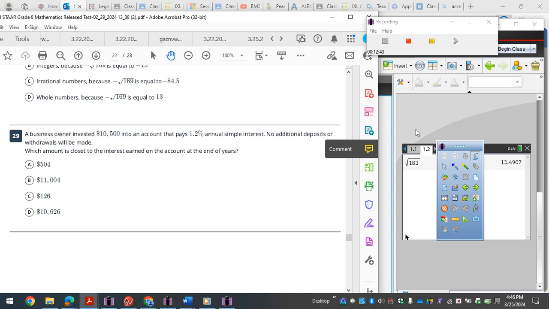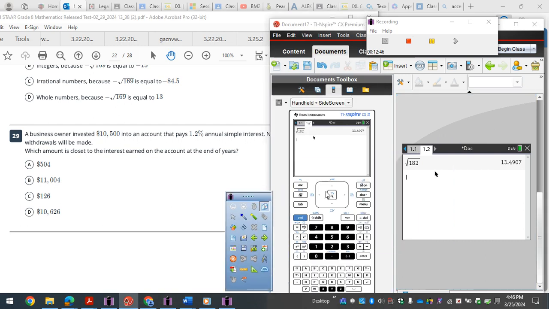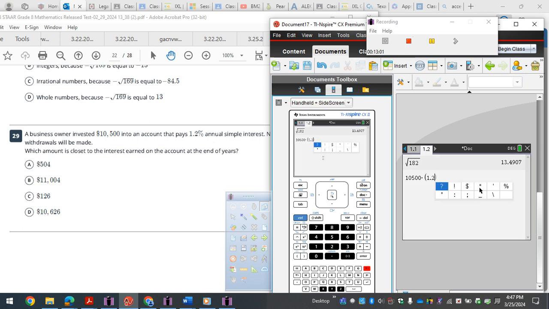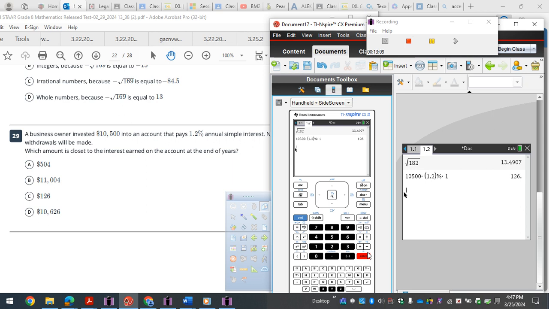And so what you can basically do is set it like this: 10,500 times your rate of 1.2% to the term of 1 gives you, and it says how much interest.